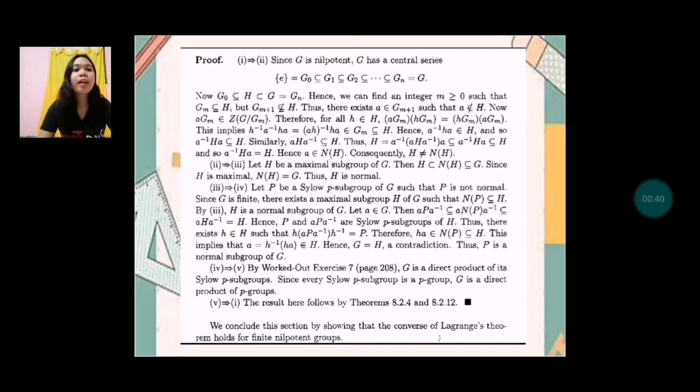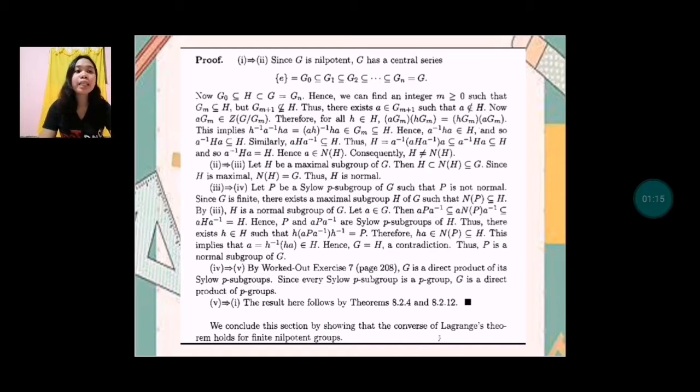Proof. The first condition implies the second condition. Since G is nilpotent, G has a central series. Let the set {e} = G_0 ⊆ G_1 ⊆ G_2 ⊆ ... ⊆ G_n = G. Now, G_0 is a subset of H, and H is a proper subset of G = G_n.